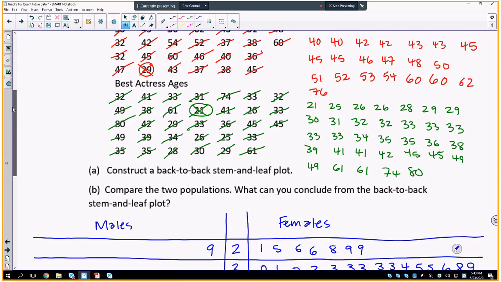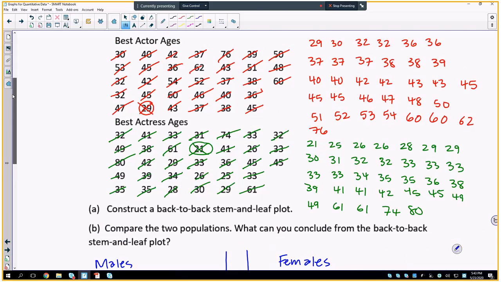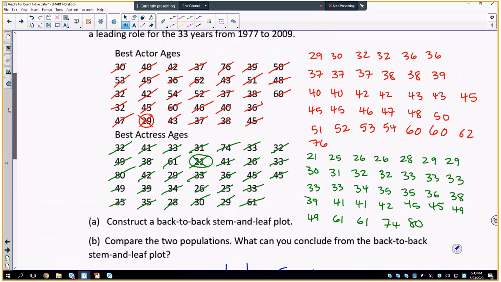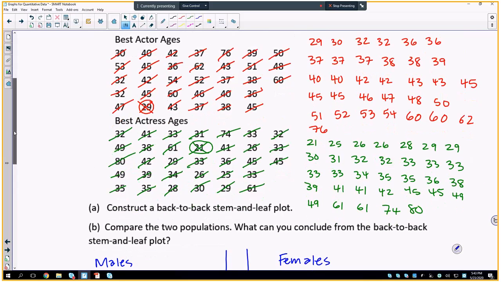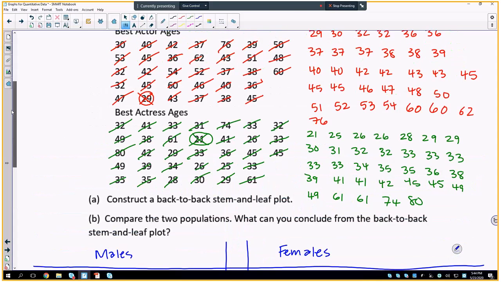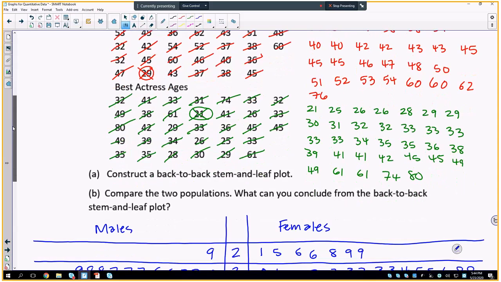Then when we do 30, 32, 32, 36, 36, we're going to go from the inside out. 37, 37, 37, 38, 38, 39. So it's going to be 7, 7, 7, 8, 8, and 9, I think. Let's check again. 3 37s, 2 38s, and 1 39, right?